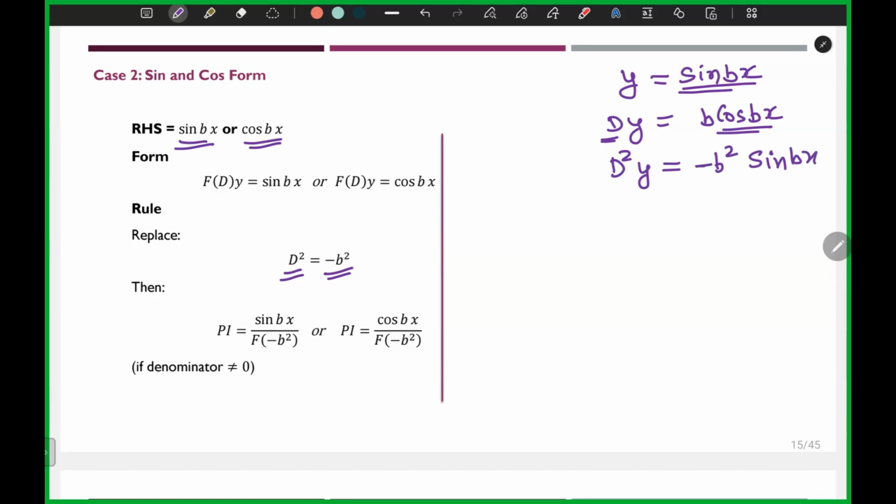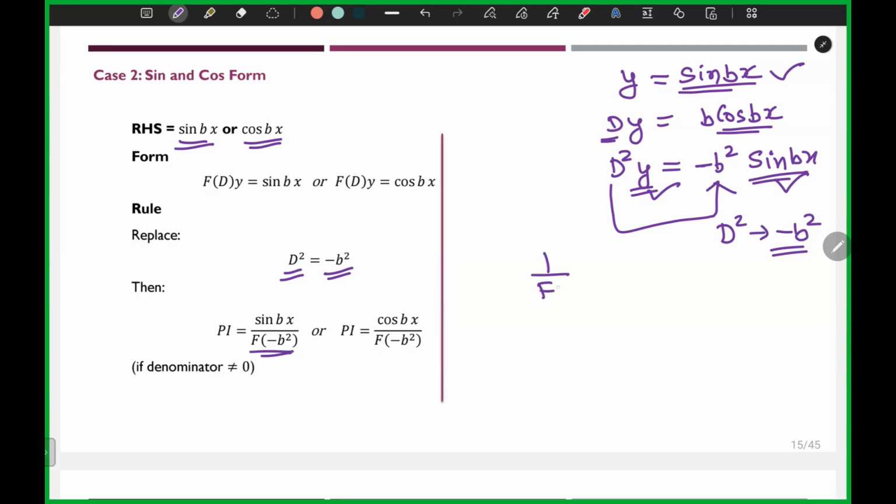So what I did here was y is sin bx, so I can compare here, and I can replace D squared by minus b squared.